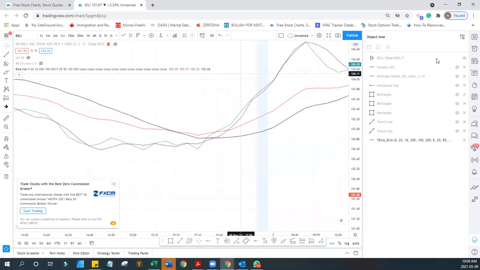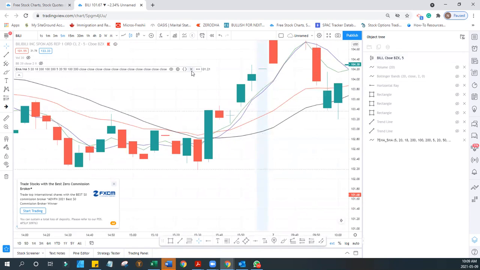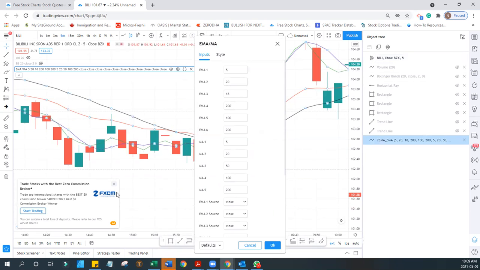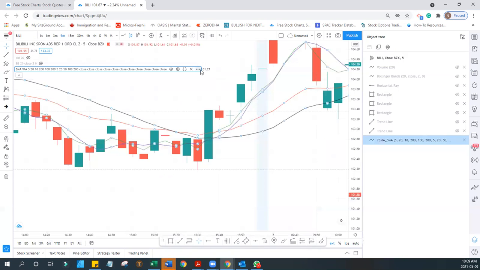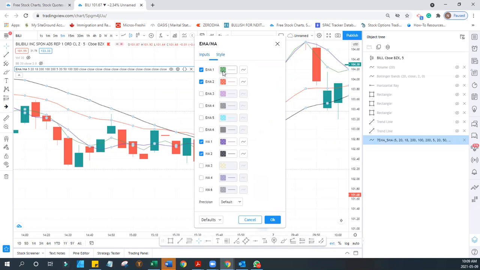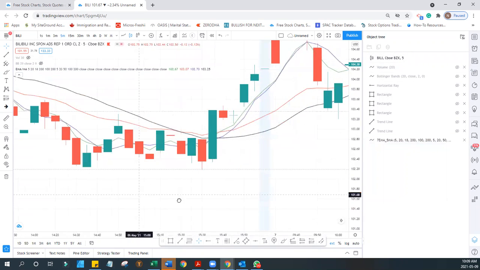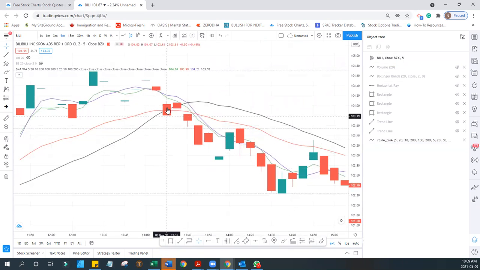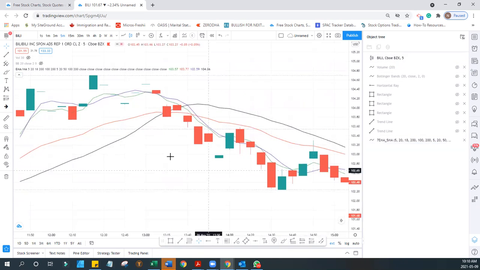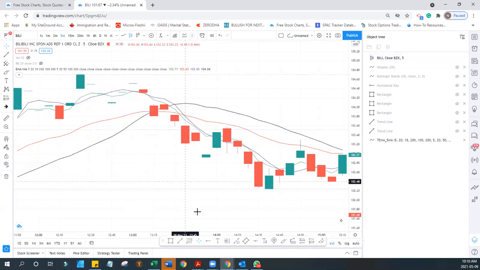Whereas the second one is a 20 moving average, I think. Yeah, this is 20 and 20. The 20 EMA is our red, and the black is the simple moving average. Now if you see here, when the price started falling, the red reacted faster at this area.